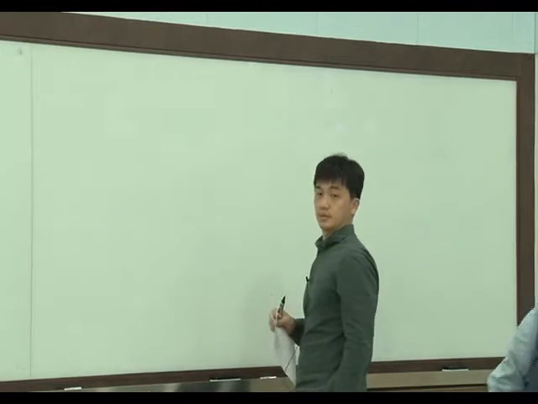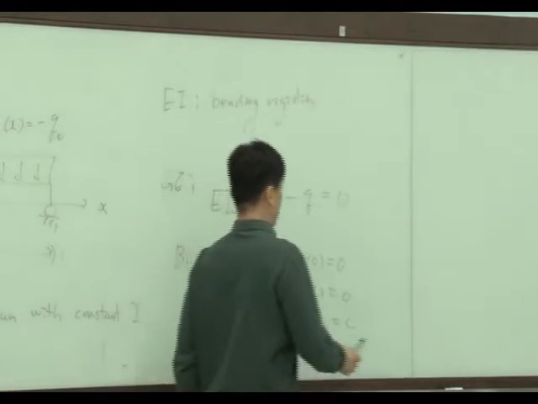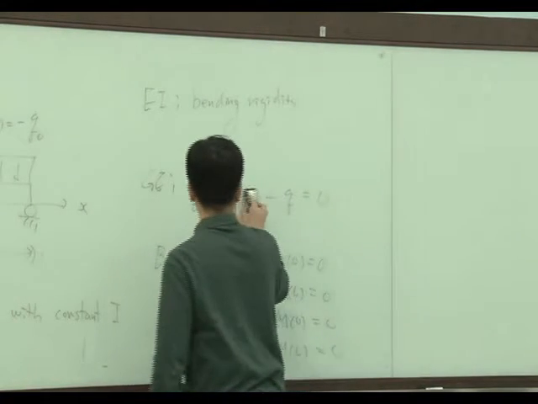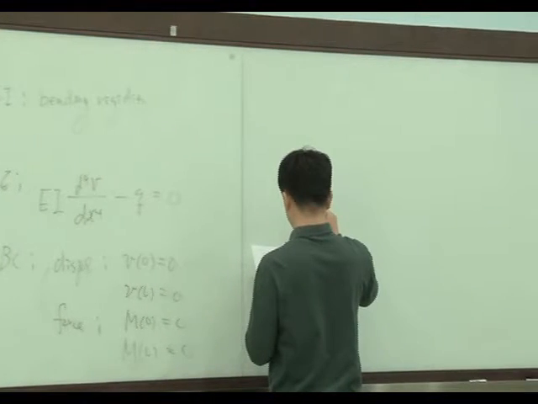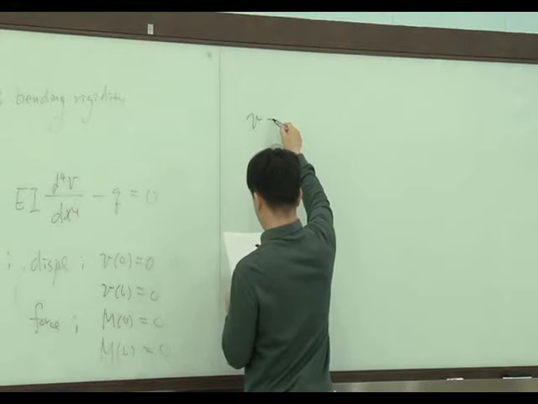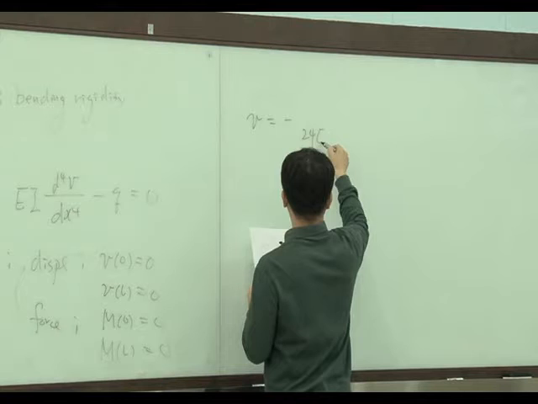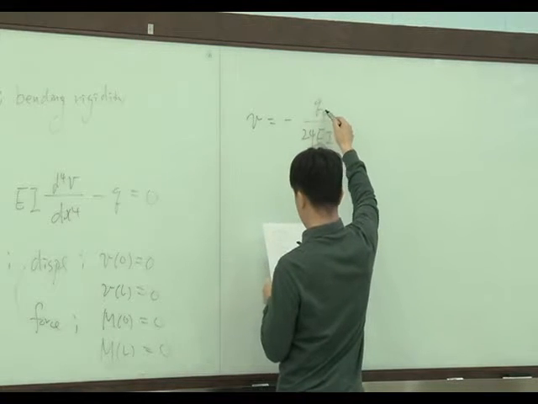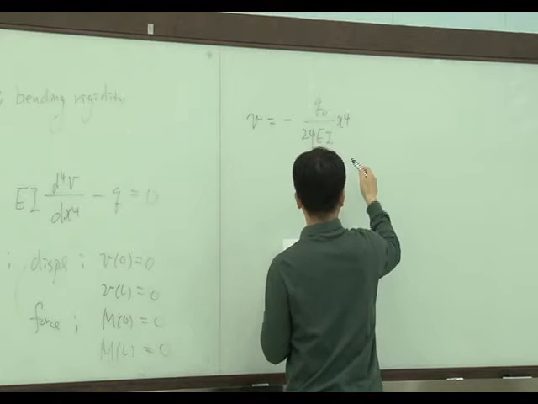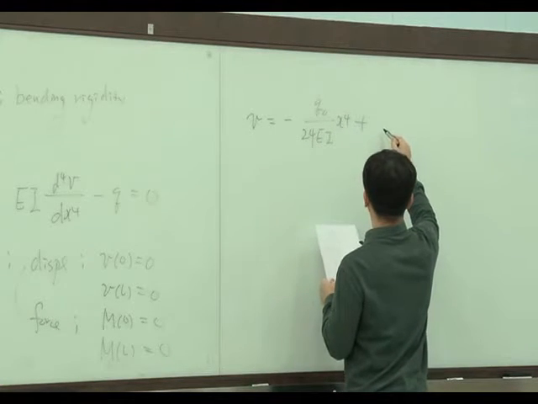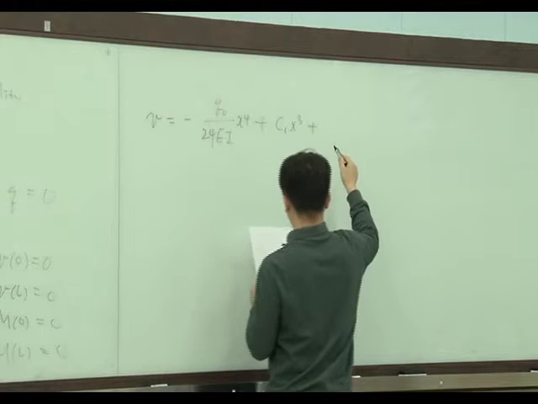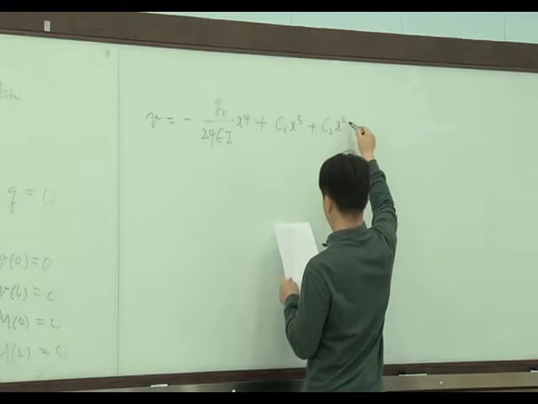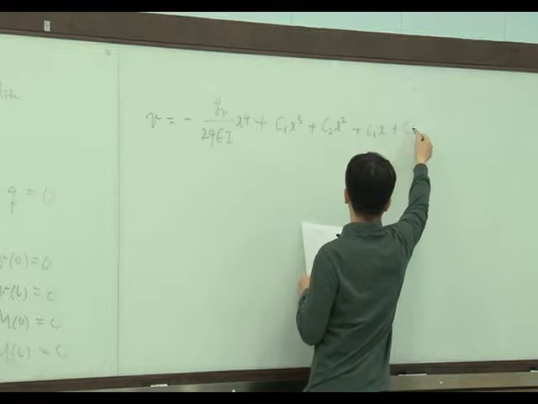Okay, so if I integrate this equation four times, v will be minus q over 24EI x⁴ plus C1 x³ plus C2 x² plus C3 x plus C4.